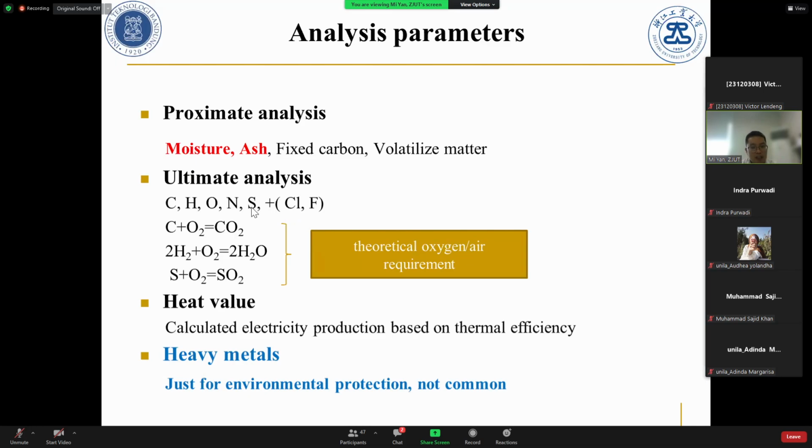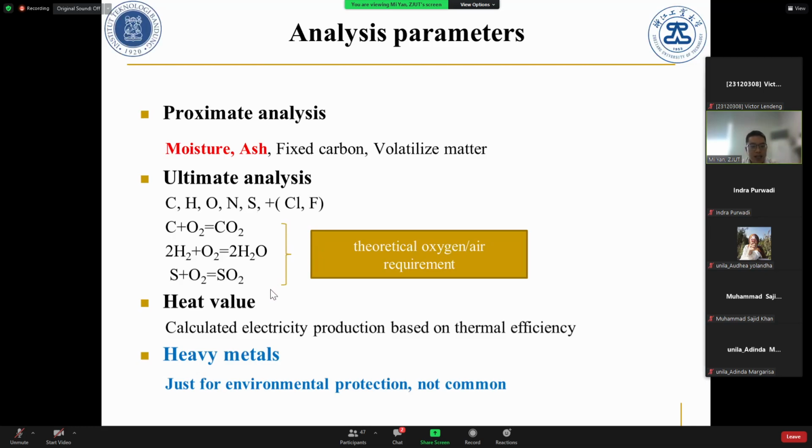CHONS is very important for calculating how much air you need to supply, and you can also calculate how much flue gas will be produced. The flue gas and the air calculations are all based on this information. So carbon, hydrogen, oxygen, nitrogen, and sulfur are very important.